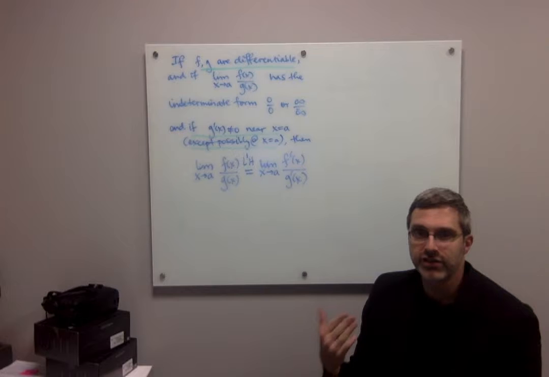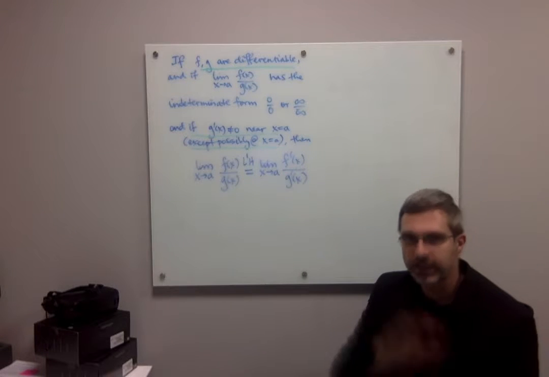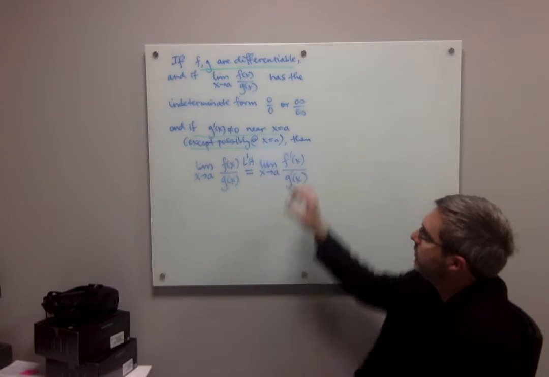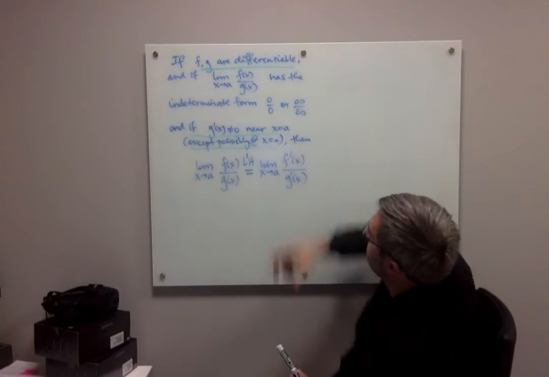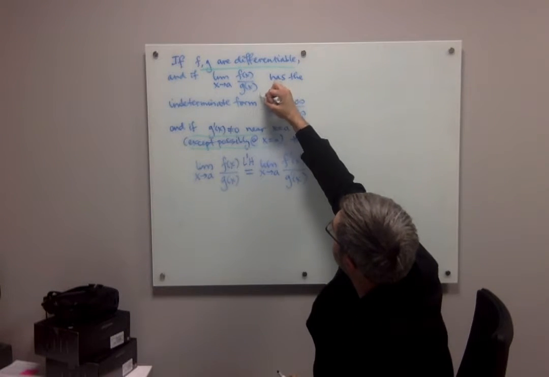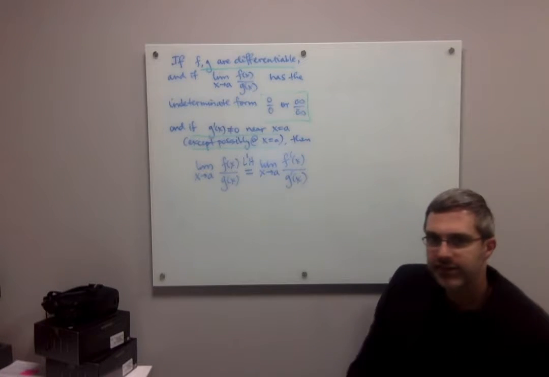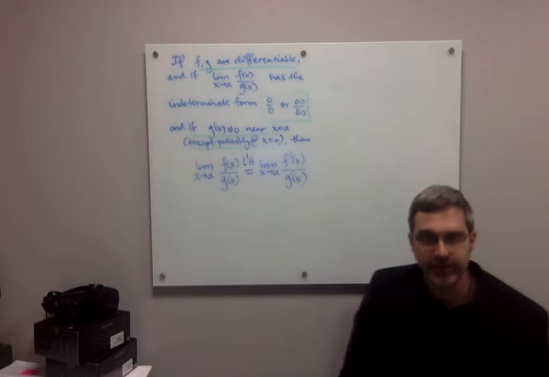And if the function's 0 in the denominator completely, that's a problem when we're dividing. This is usually not an issue, and this is usually not an issue. So the thing you need to look for when you're seeking to apply L'Hopital's rule is, are you looking at 0 over 0 or infinity over infinity?